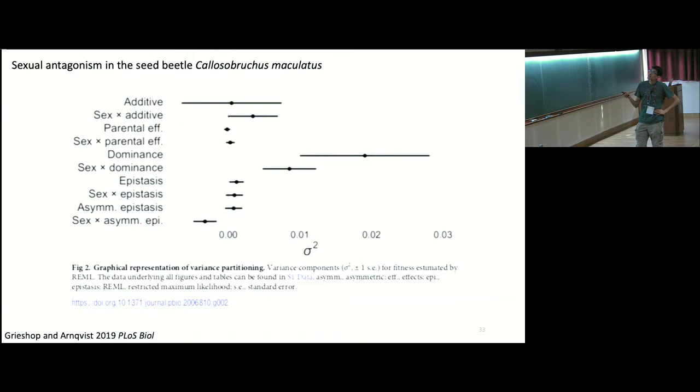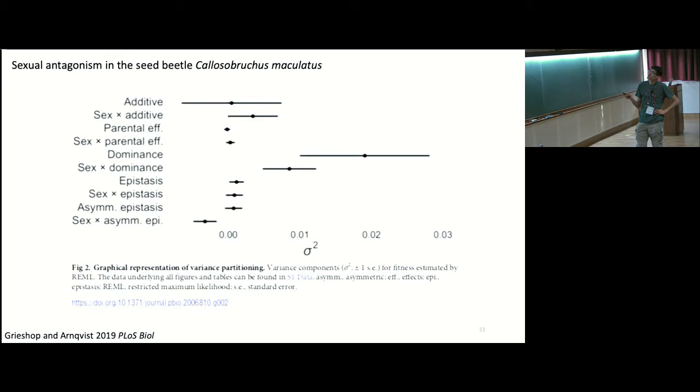Here was their estimate of the additive genetic variance for fitness, and you can see the point estimate was quite low, basically 0, and the confidence intervals certainly spanned 0. Not sure exactly how one should interpret a negative estimate there.